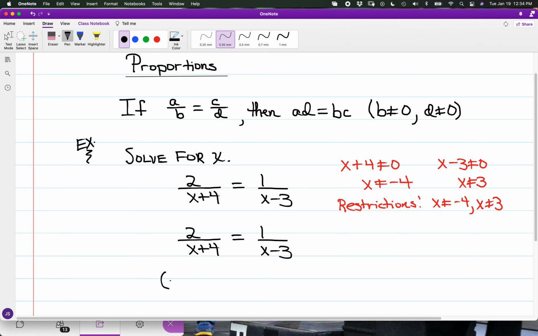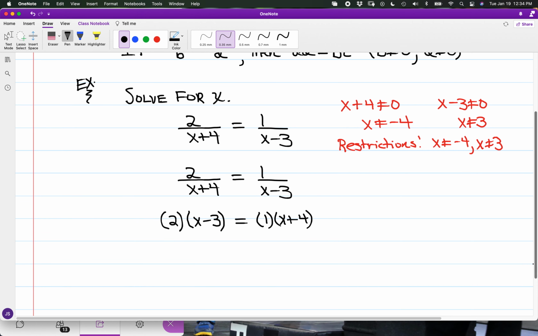So we multiply: 2 times x minus 3 is equal to 1 times x plus 4. With distribution, 2 times x minus 3 becomes 2x minus 6, and then we have 1 times x plus 4.